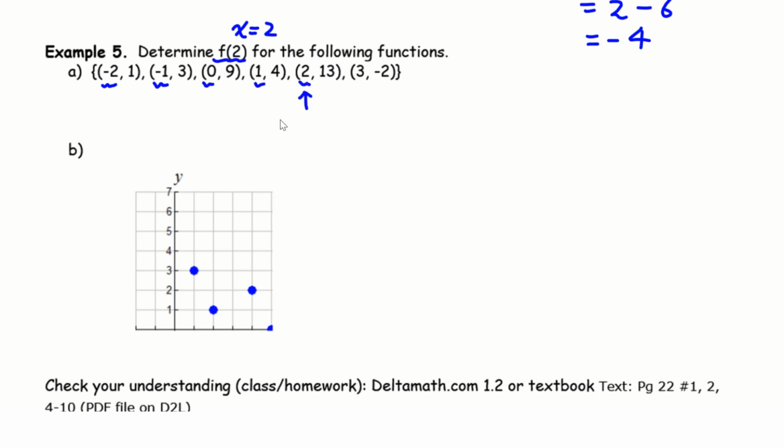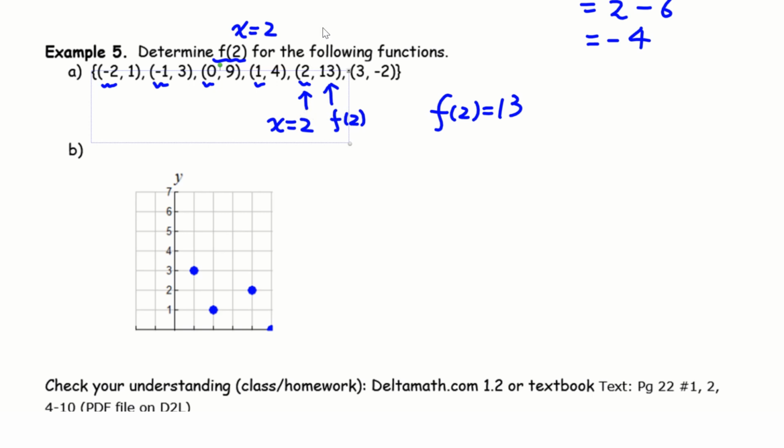Okay, this one is x equals 2, and the y value represents the function f at input 2. So from here you will see you are looking for the y coordinate when the x coordinate is 2. So f at 2 equals 13. You just read the point when the input is 2.